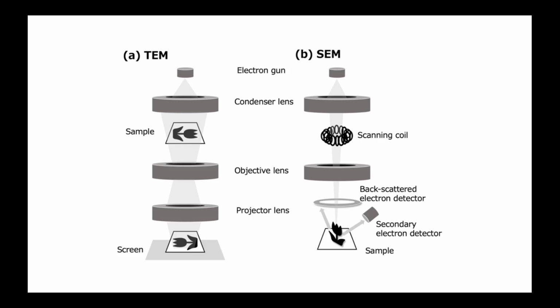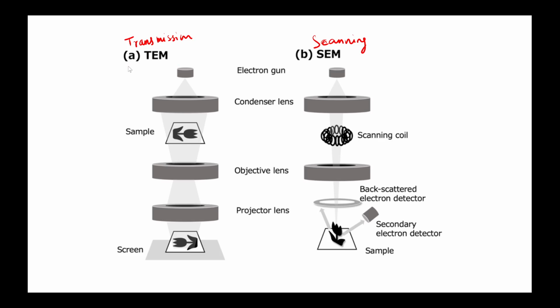One is transmission electron microscope, the other one is scanning electron microscope. So T stands for transmission, and here the S stands for scanning. Okay, so scanning electron microscope and transmission electron microscope.